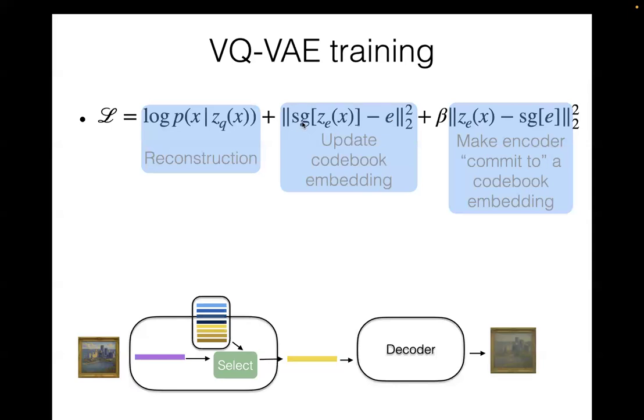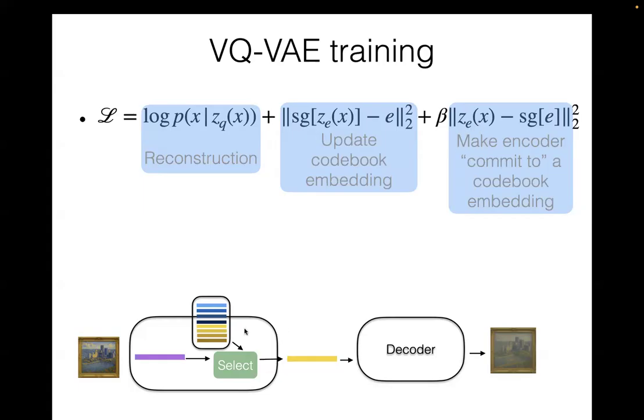This SG means stop gradient. So what it's doing is saying the output of the encoder is going to be the prediction target, and this embedding is going to be optimized so that it's close to the encoder output. Then you can think about the other extreme: you don't want the encoder to just do whatever it wants.